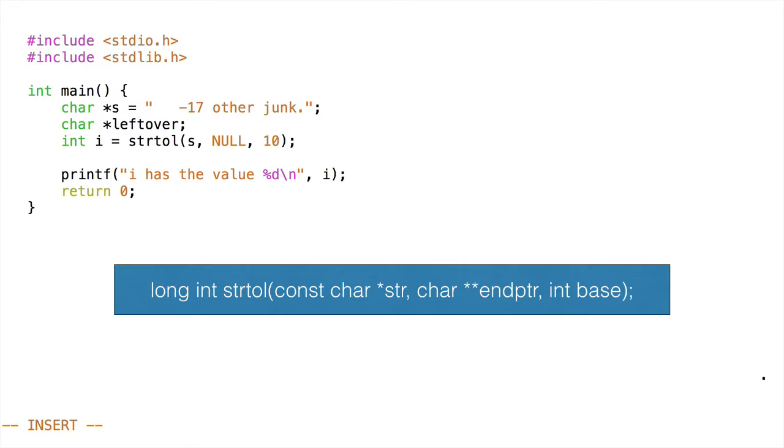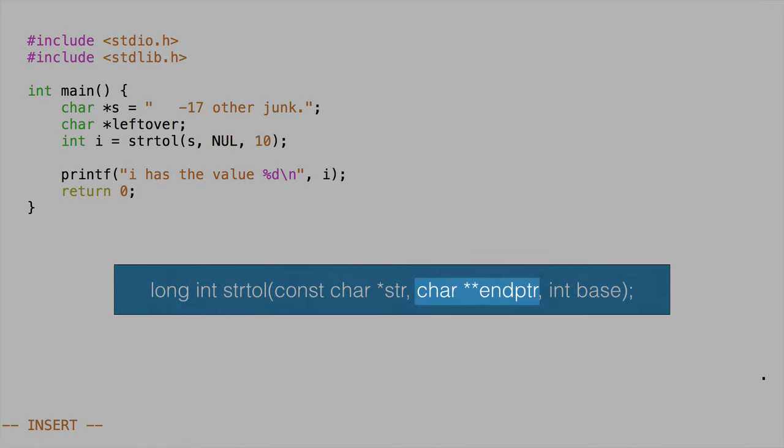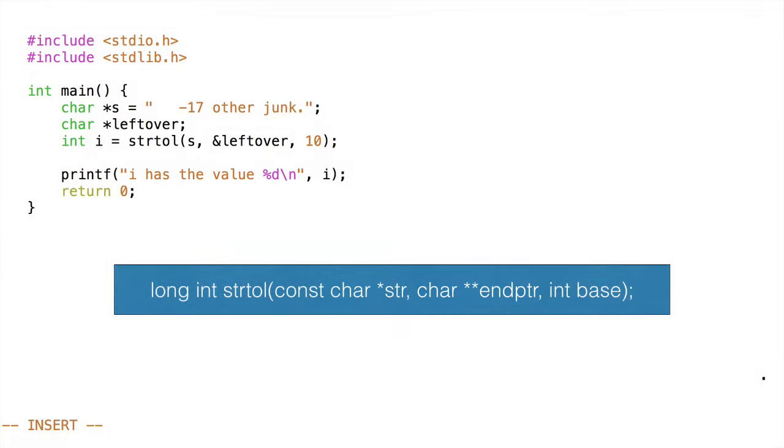Next, we need a pointer that will refer to the first character strtol didn't use to generate the number it is returning. Notice that leftover is type pointer to char, or char star. We need a pointer to a pointer to char, so we'll pass the address of leftover. Ampersand leftover is type char star star. And now we'll just print the remainder so we can verify how strtol works.